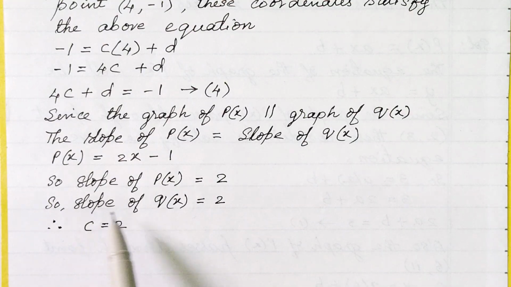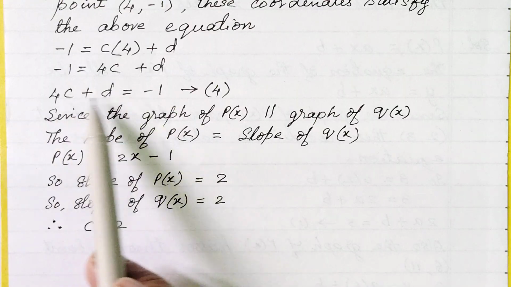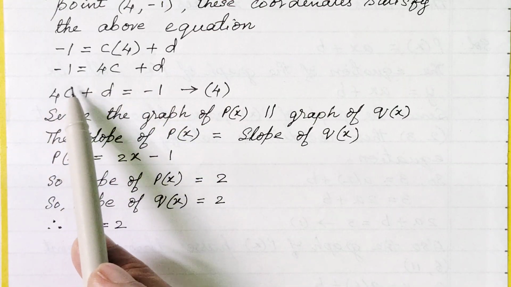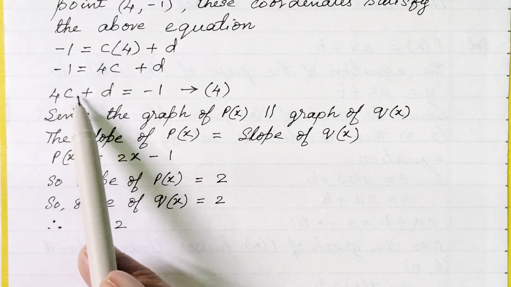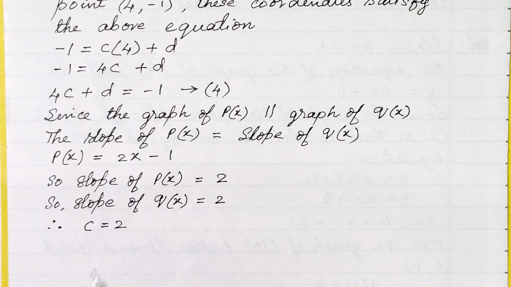You can see here the slope of Qx is 2. The equation of Qx is Cx plus D, so this C shows the slope. So C will be equal to 2. So here we got the value of C.